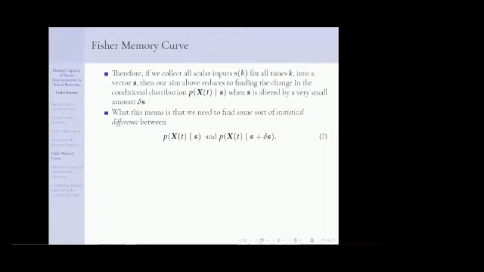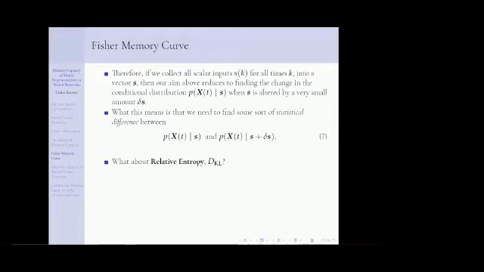And is there a better way to find a statistical difference than relative entropy? This is a very basic notion. The difference between two distributions can be captured very nicely by relative entropy.